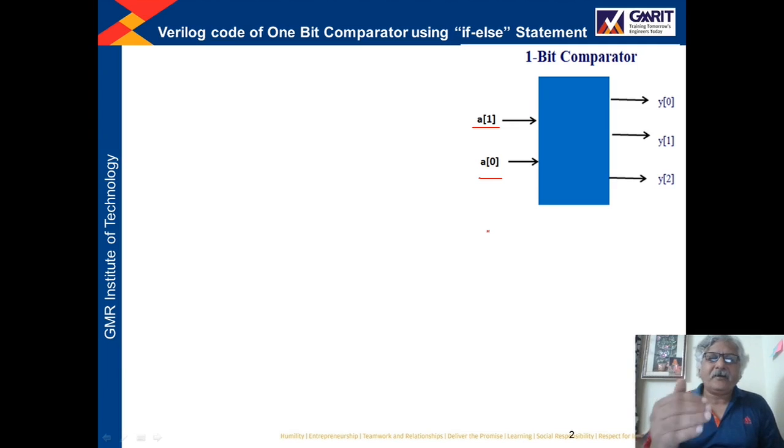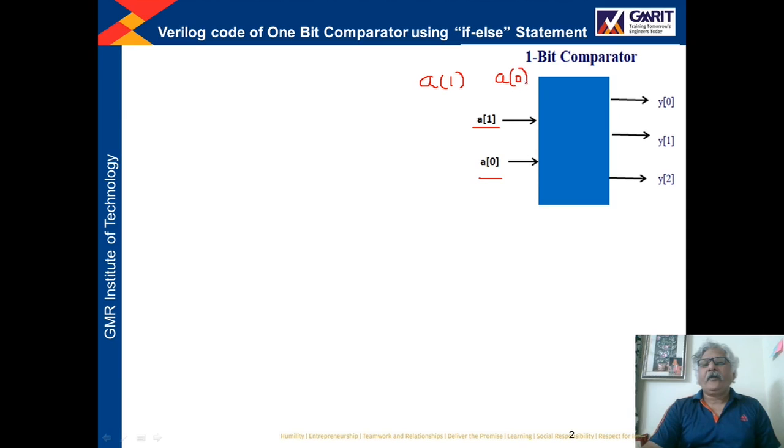Due to that reason only I have created here the array of two elements as an input, right? So here the inputs are A1, this is one input, and second input is A0, right?